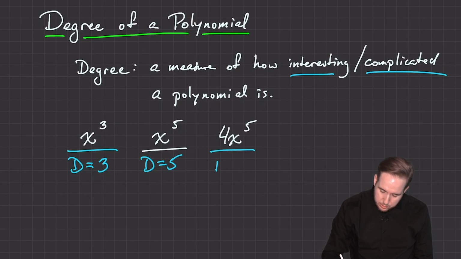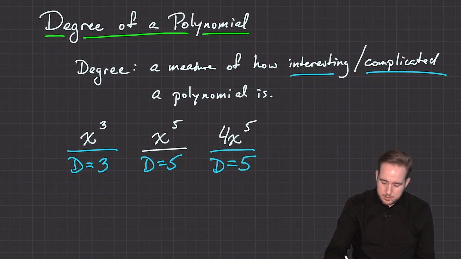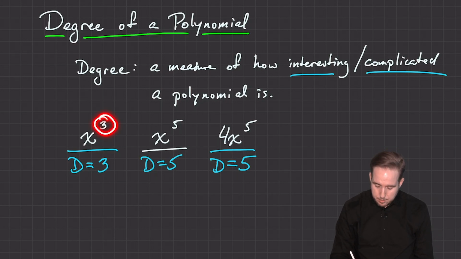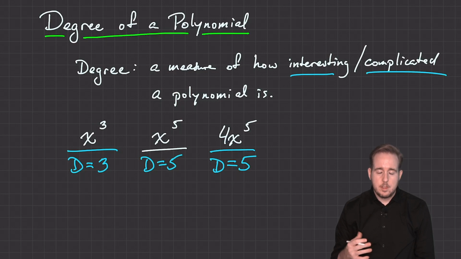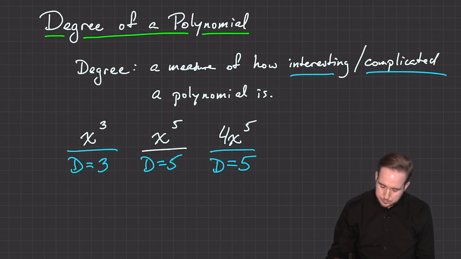That has degree equal to also 5. So far in these examples, all that's happened is I have looked at that number and written it down, even though there's another number multiplying it. Okay? So degree is, for the most part, counting exponents.